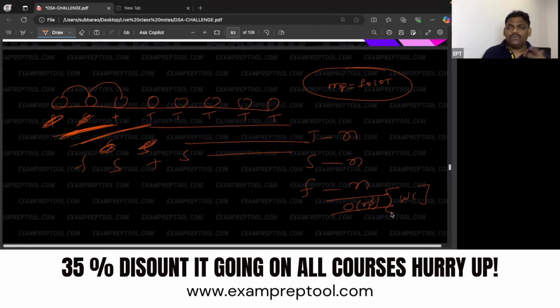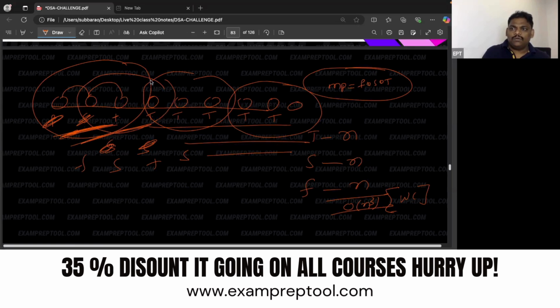Simply 3 for loops. When you say 3 for loops, what do you mean? Every 3 numbers you are covering, not only continuous, every 3 numbers. So 3 inner loops: I loop, J loop, K loop, or F loop, S loop, T loop.